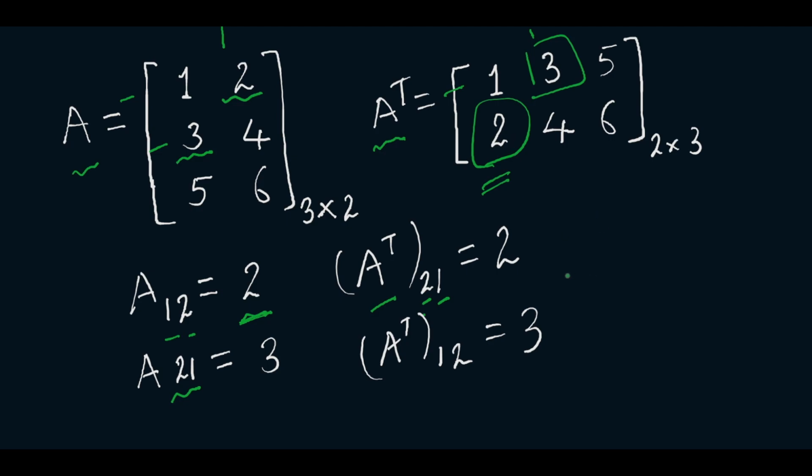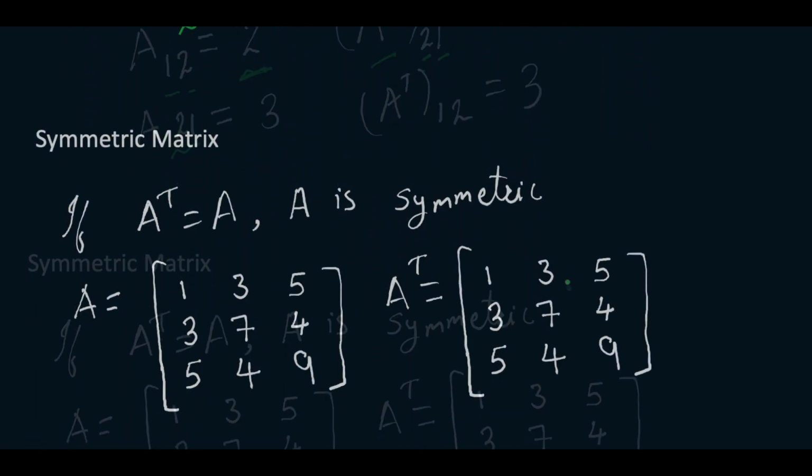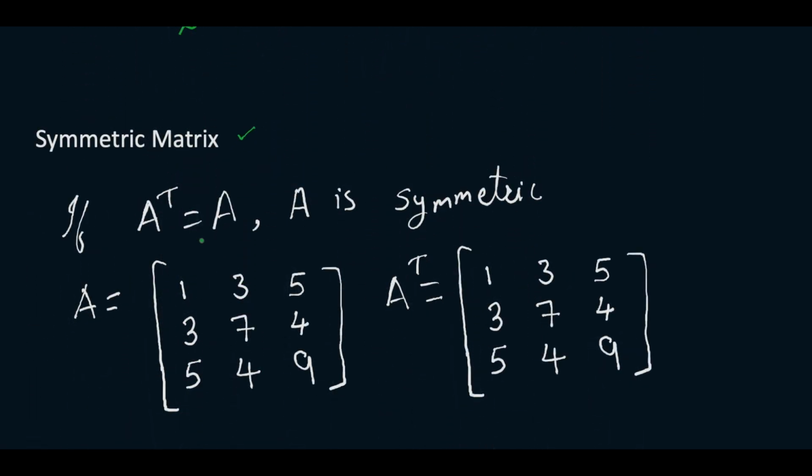Now let us study symmetric matrices. So what are symmetric matrices? If A transpose is equal to A, our matrix A is a symmetric matrix. For example, consider this A. When you transpose the matrix, you get the same matrix A. So the matrix is symmetric. One way to identify a symmetric matrix is by these elements.